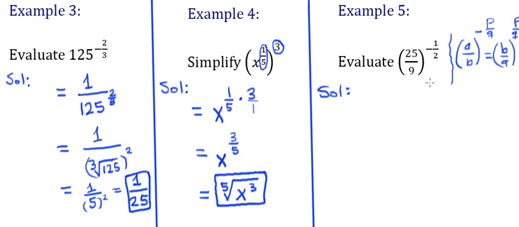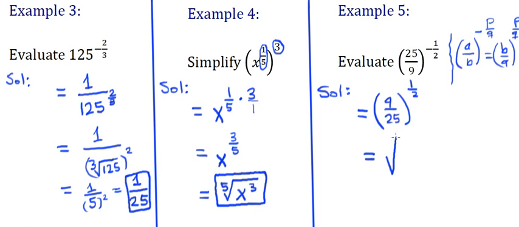So let's apply this rule here. This guy will be equal to 9 on the top, 25 on the bottom. We flip the fractional base, and this negative 1/2 becomes positive 1/2. Right? This negative sign disappears. So now write this in radical form.